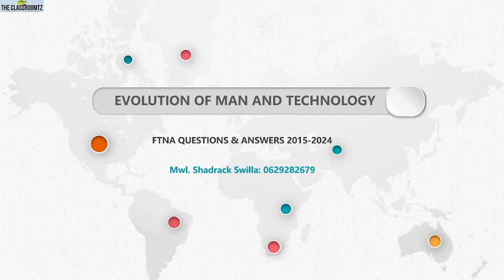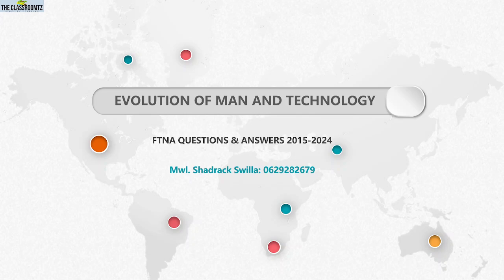By doing so, we are trying to simplify and make the learning situation simple, rather than being so focused on notes and taking most of the time reading the notes. Sometimes we may read these questions, and I'm sure they can help you so much to have good performance in your exams. So I'm Shadrach Swiller, be with me.